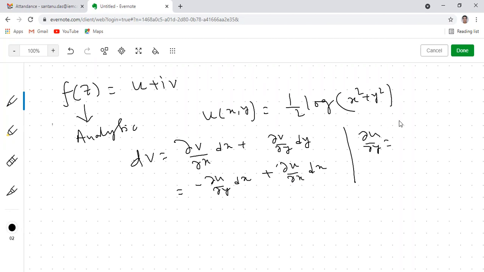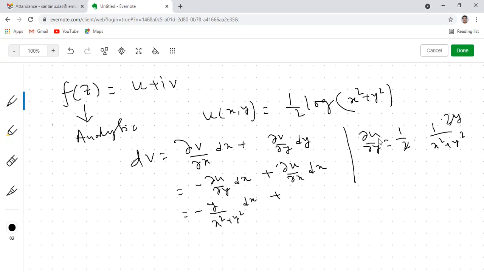Can anyone tell me what will be del u del y? Half log of this means half times 1 by x squared plus y squared, plus the partial derivative of this with respect to y. So x will be constant, y squared gives 2y, so the 2 will cancel with the half. So this will be minus y by x squared plus y squared.